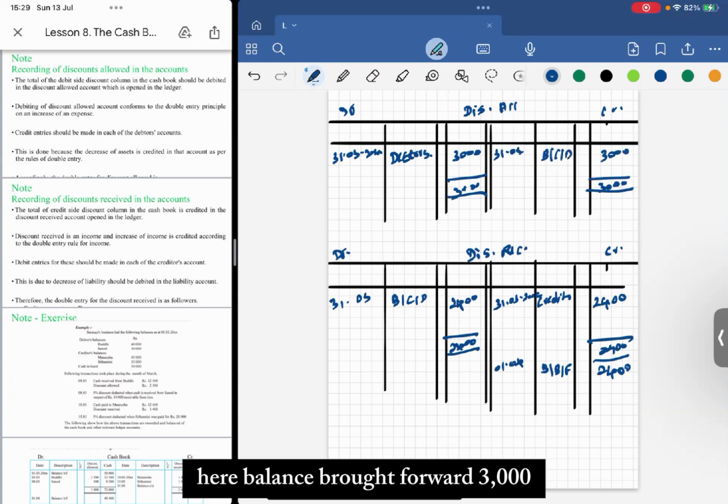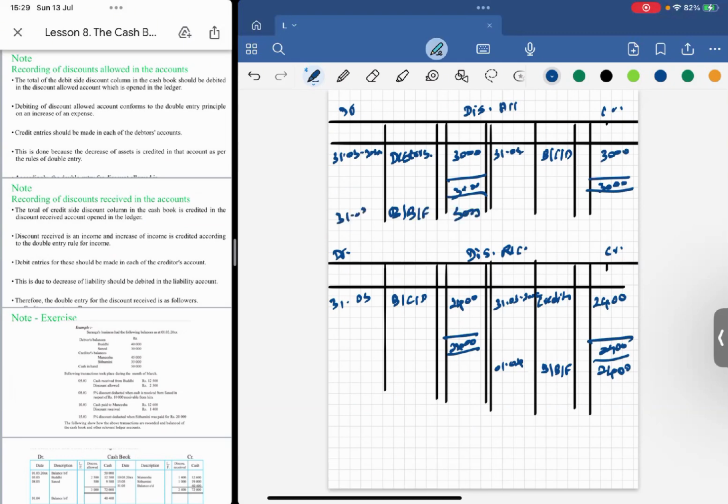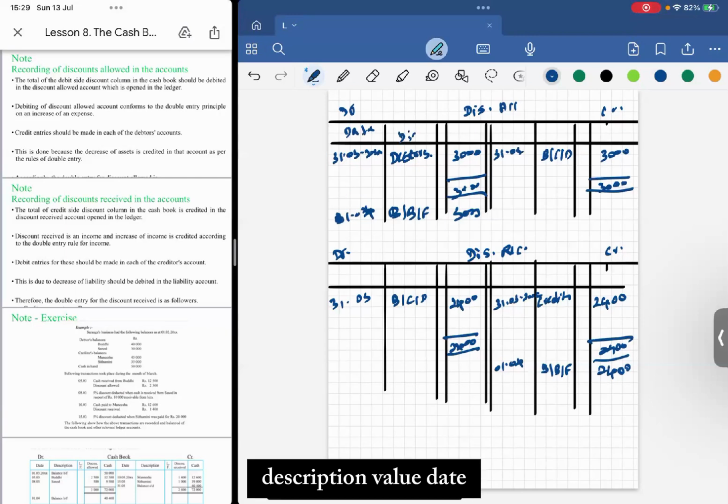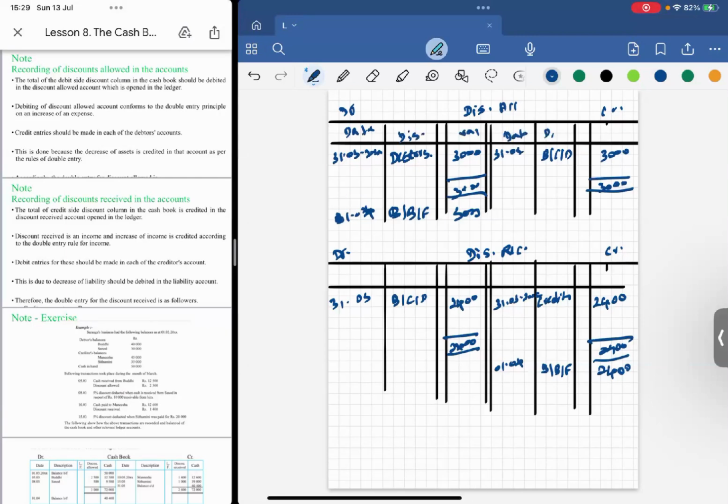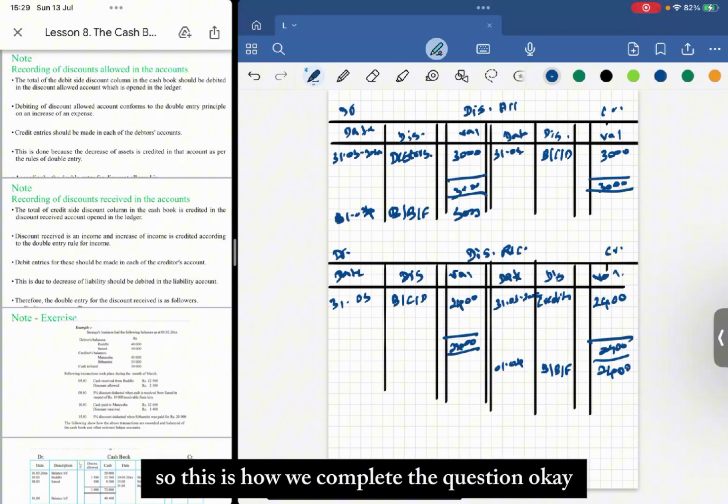Here balance brought forward 3,000. Okay. Date, description, value, date, description, value, okay. Description, value, okay. Description. So this is how we complete the question.